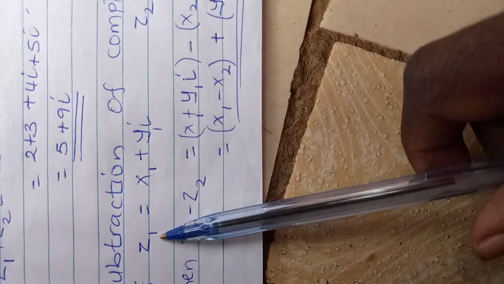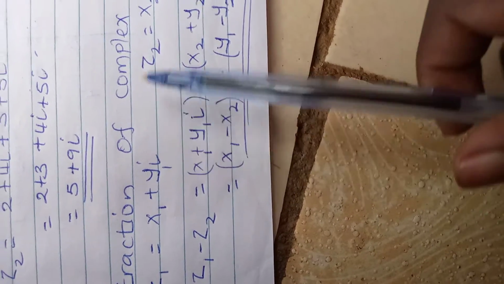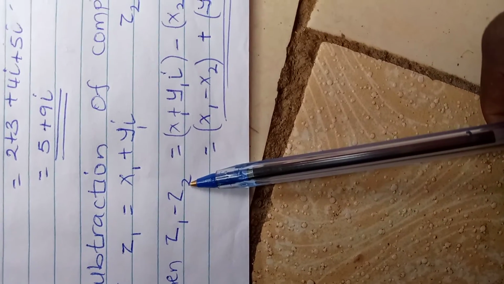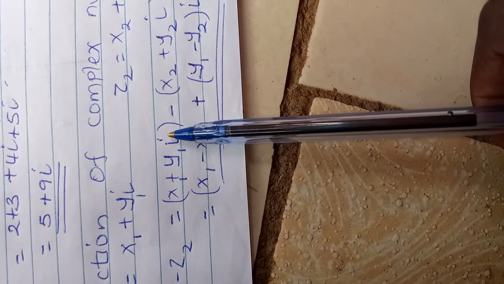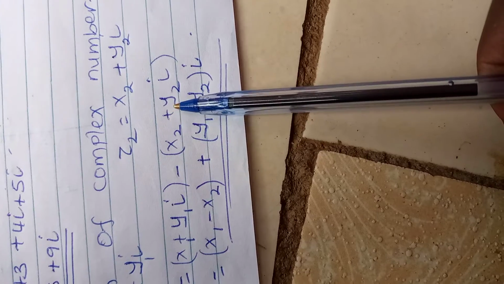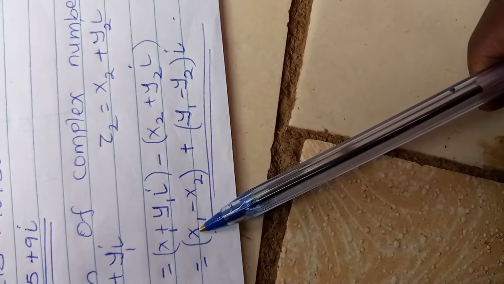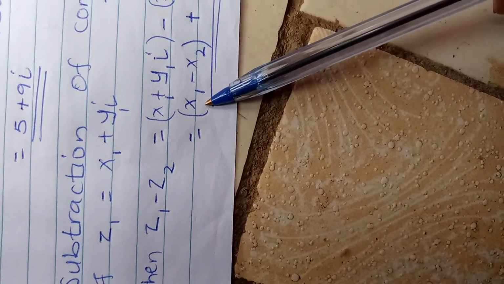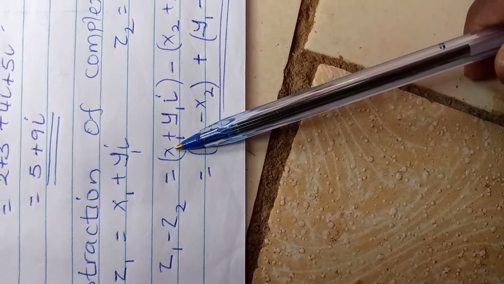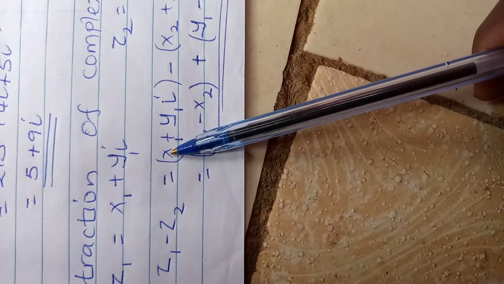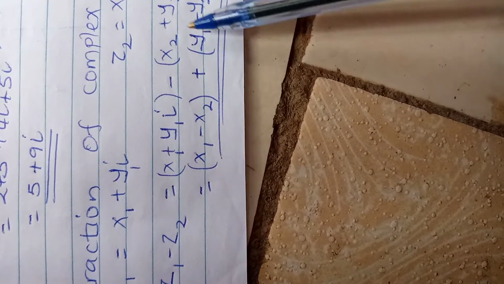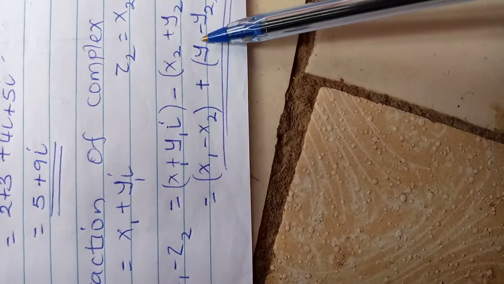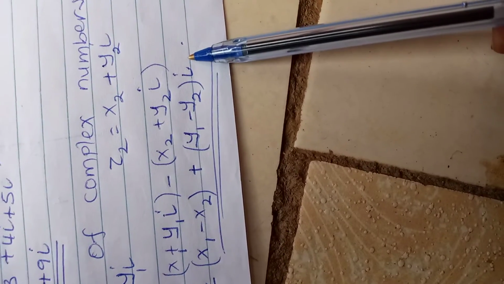Given z1 equal to x1 plus y1i, z2 equal to x2 plus y2i, then z1 minus z2 will be equal to x1 plus y1i minus x2 plus y2i, and therefore we shall have to subtract the reals together and the imaginaries together, and we shall have x1 minus x2. x1 is real, x2 is real, and therefore we shall have x1 minus x2 plus y1i minus y2i, and finally we shall have y1 minus y2 with i factorized out.